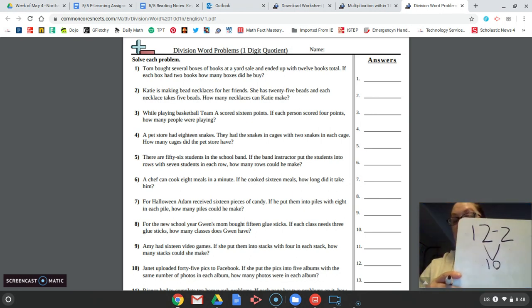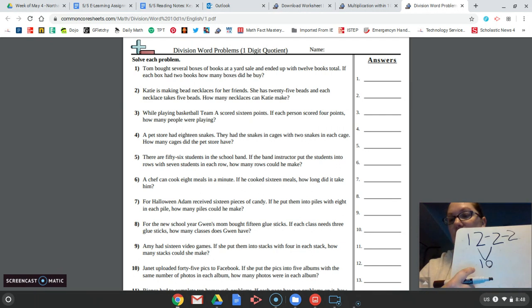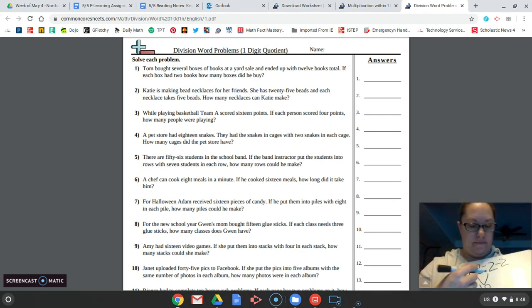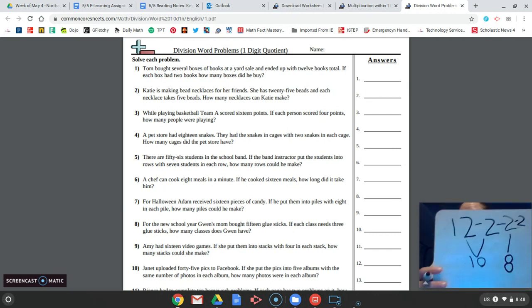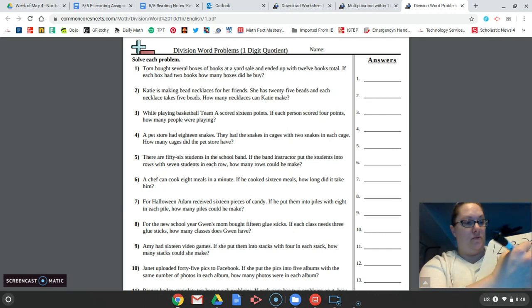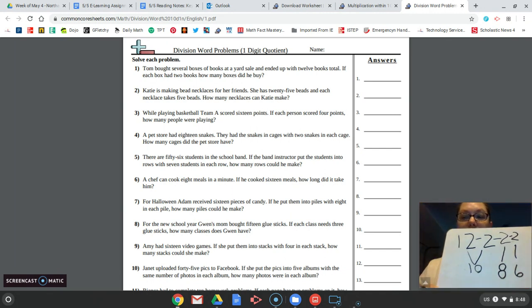So we still have 10 books left, right? So I'm going to take away another 2 books. So if I take away another 2 from the 10, now I have 8 books. Okay, take away 2 more. 8 minus 2 would be 6 books. And we're going to keep taking away books until we get to 0.